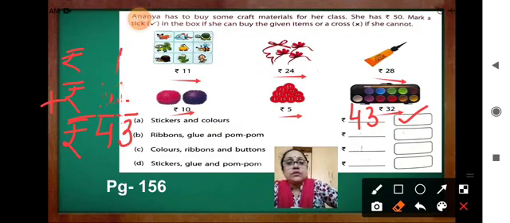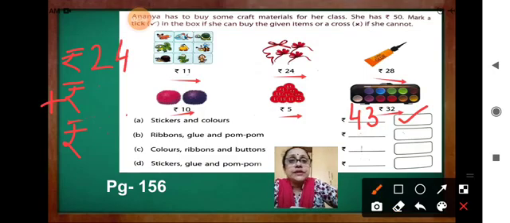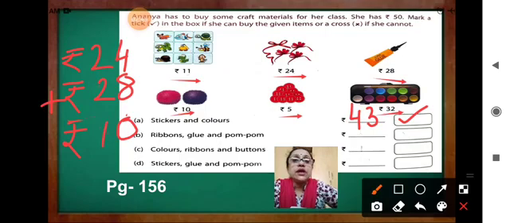Now, question B. Ribbons, glue and pom-pom. Now you start writing in your notebook. Before me you can finish, so try. Now what is the price of ribbons? 24. Then glue, 28. And then pom-pom, rupees 10. You have to add rupees 24, rupees 28, rupees 10.